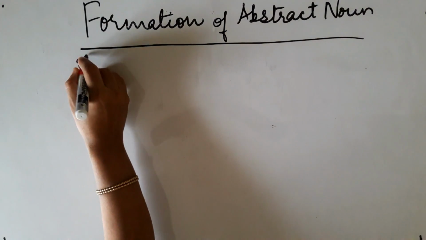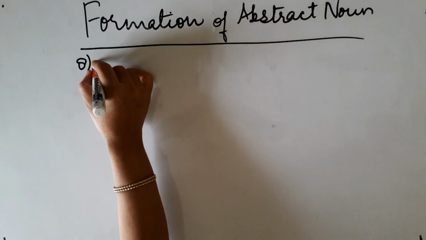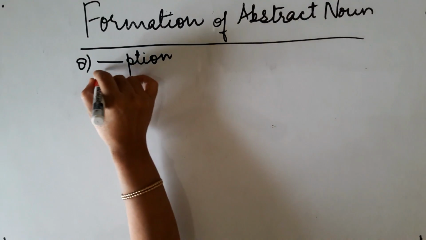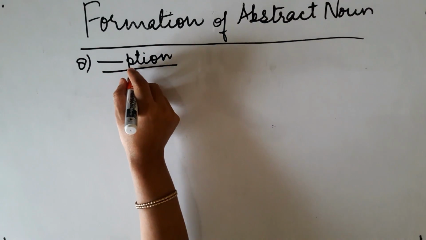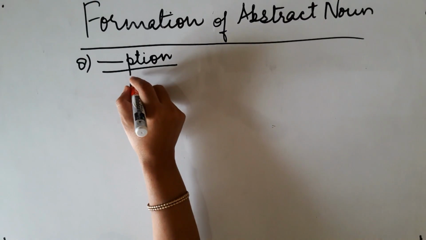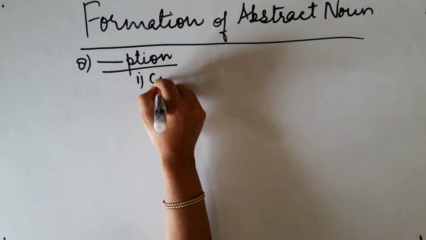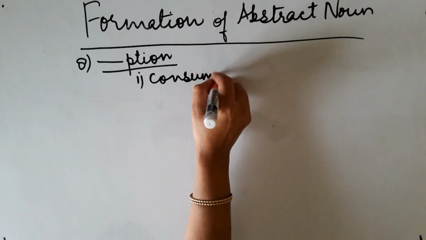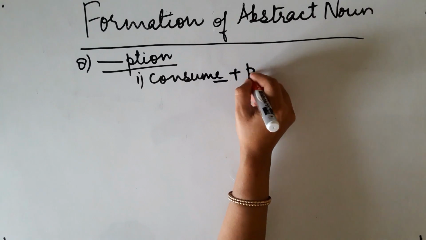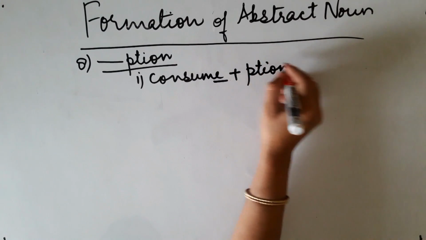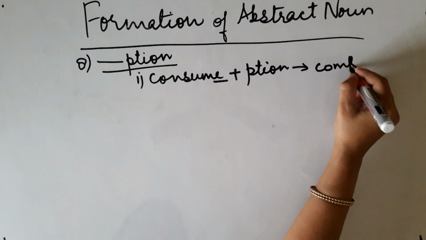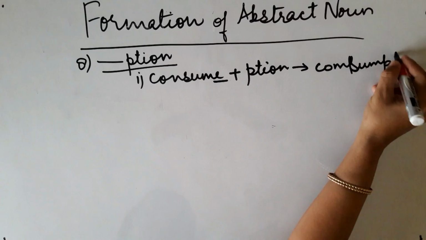So yet another way of changing verbs into nouns is by adding p-t-i-o-n. So now we will see how by adding p-t-i-o-n we can make verbs into nouns. Words like consume, we will replace e, we will use p-t-i-o-n, thus changing it into a noun, consumption.